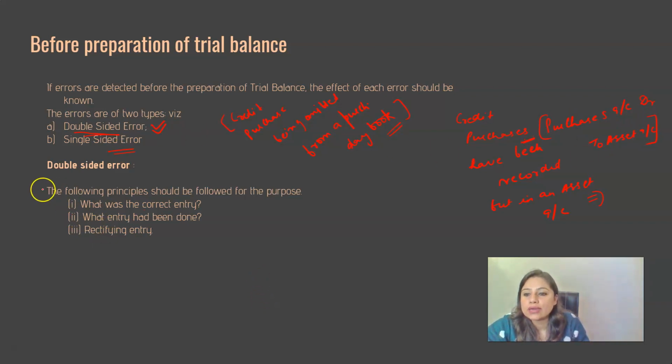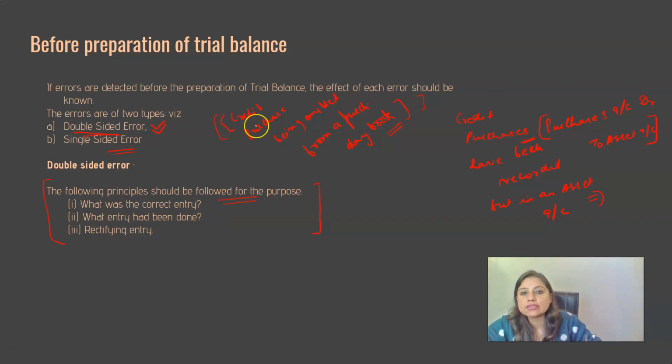Now, in the case of a double-sided error, the following principles should be followed. Ideally, we would understand the entry that has been completely omitted, and first we would see what the correct entry is, what the two accounts are that need to be impacted, and what entry had been done.